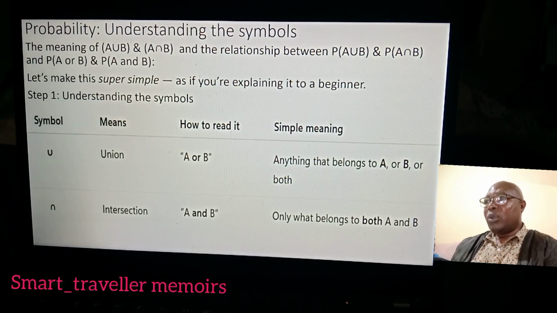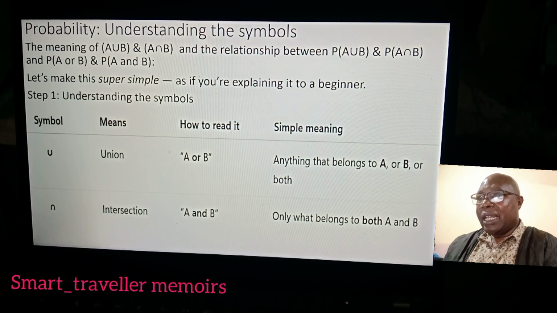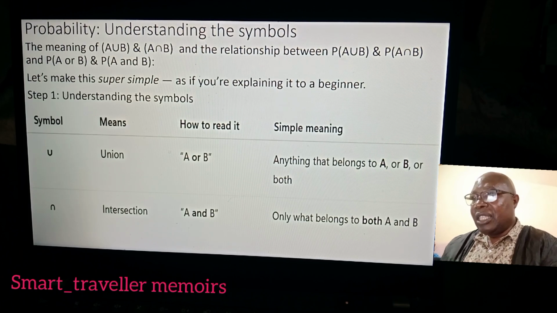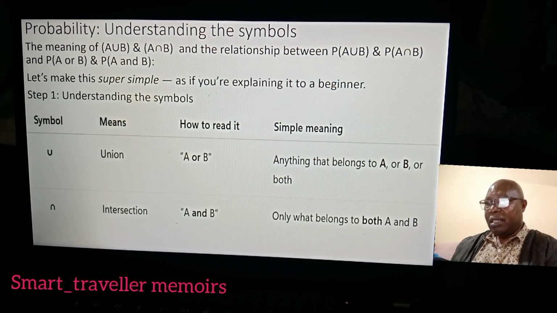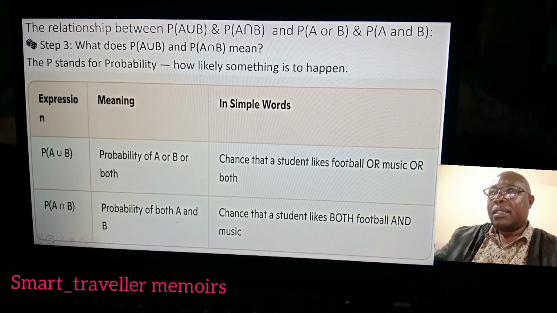Anything that belongs to A or B or both, that is the meaning of the union. For the inverted U, or you can call it N, it looks like N, it means intersection, and how to read it is A and B. That is, the simple meaning is only what belongs to both A and B.